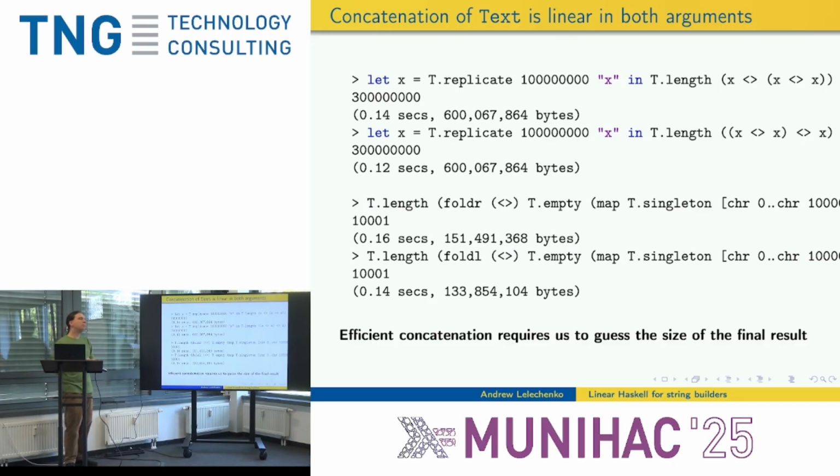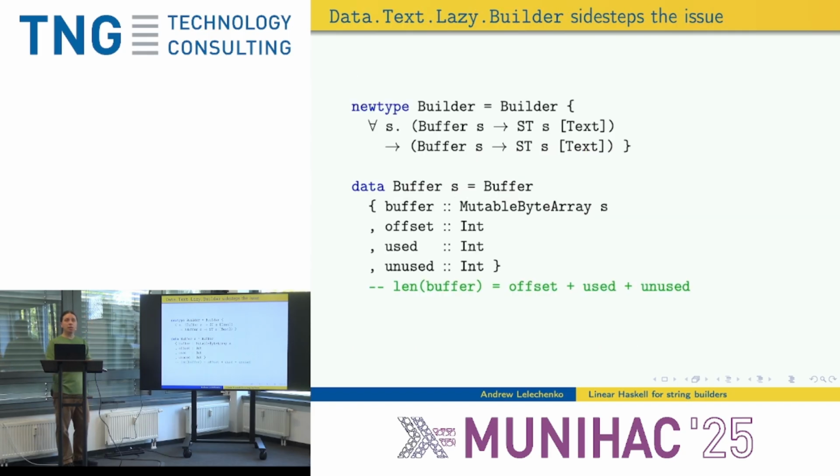So there are 2 approaches. One of them is in the package text itself, which is lazy builder. And it kinda sidesteps the issue. It says, well, I cannot predict the future, sorry.